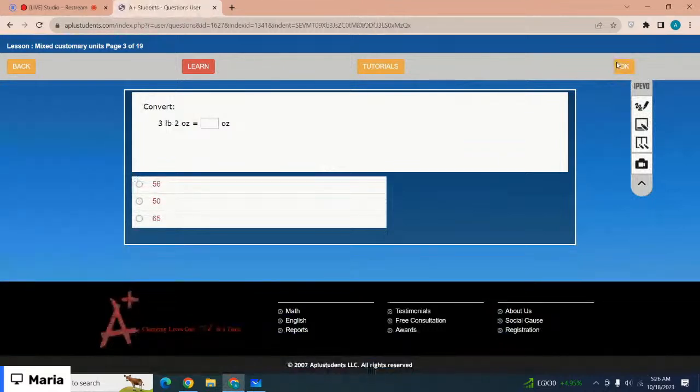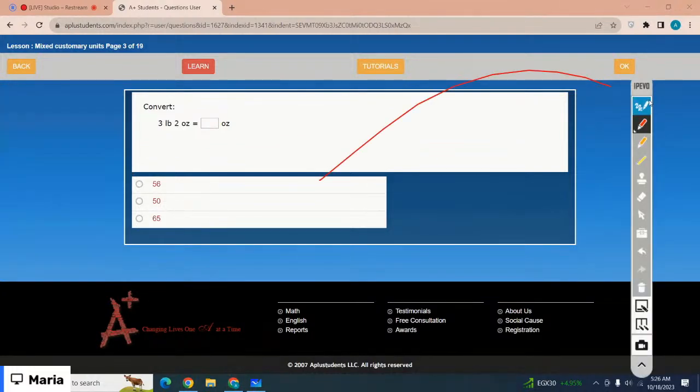Okay, the next one is 3 pounds and 2 ounces. You have to convert it into ounces, right? We know that 1 pound equals 16 ounces. So you are given 3 pounds, and 3 times 16 is 48.